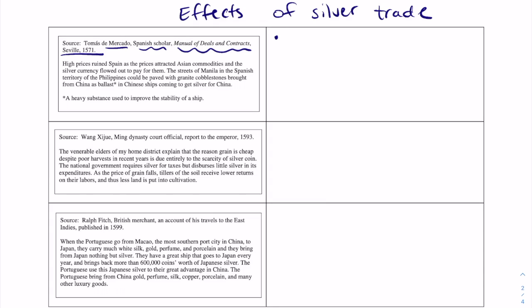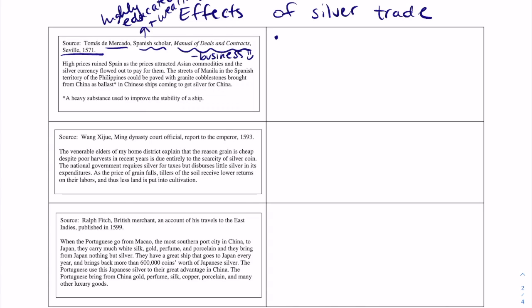There are a few conclusions I can draw. One, I know that he is highly educated. And he's wealthy. If he can afford to become a scholar and not have to work, he's wealthy. He is writing a book called The Manual of Deals and Contracts. So this guy probably really likes business. He also probably thinks he's got a lot going on in the business world. Let's see what he writes.